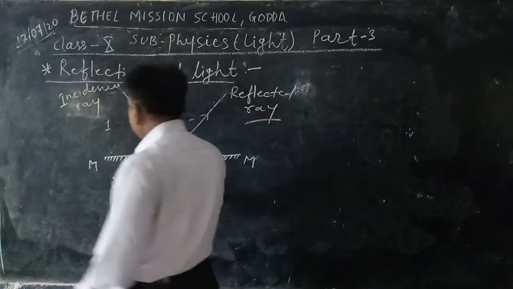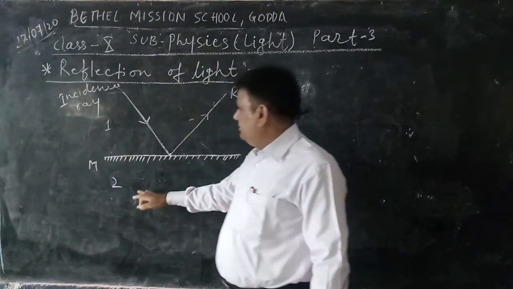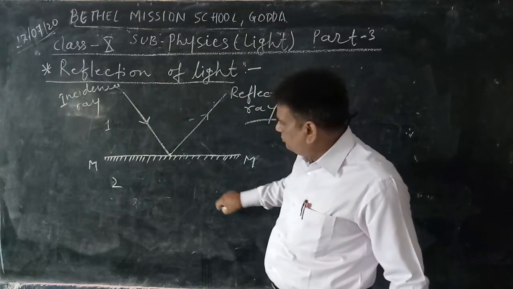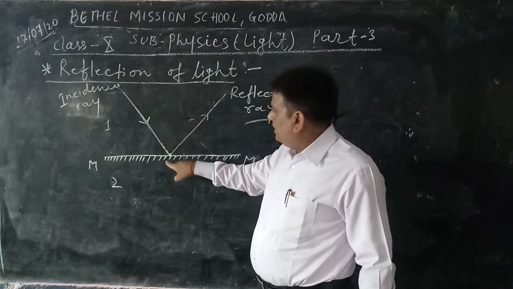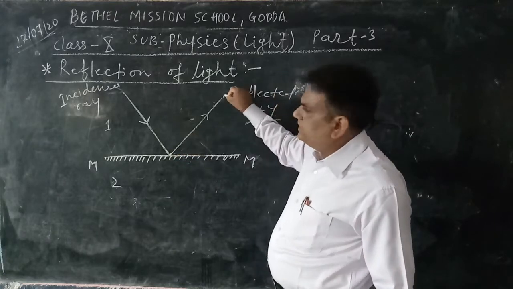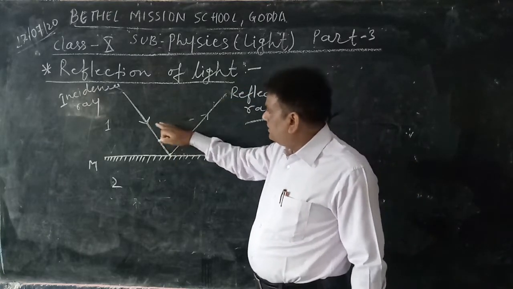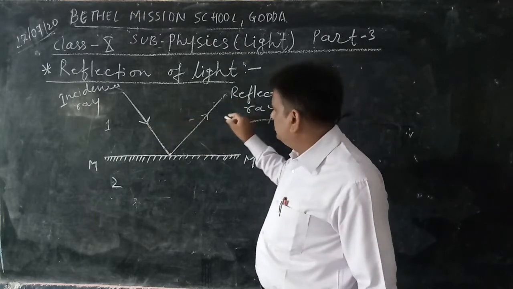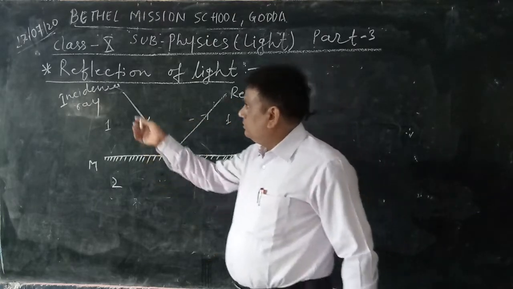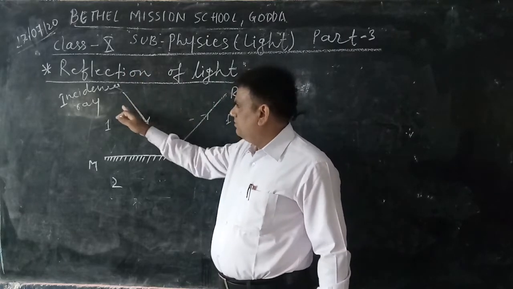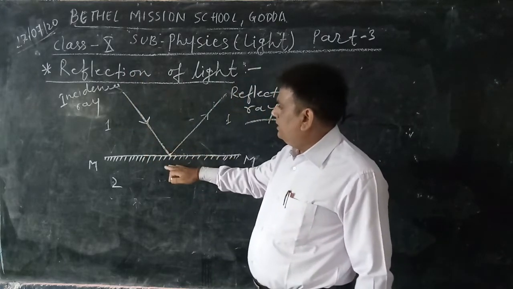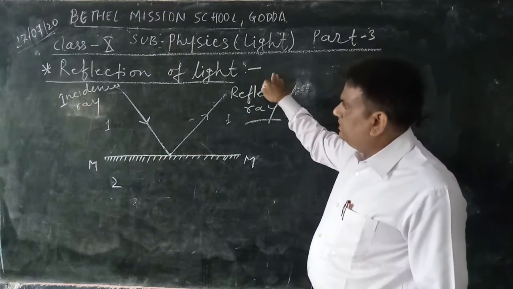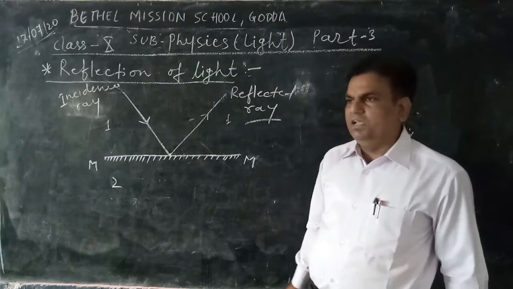This is medium 1 and this is medium 2, and the mirror is polished, that's why the ray cannot pass through the mirror. That's why the ray reflects in the other direction, in the same medium. This is also medium 1. So when a ray of light falls on a highly polished smooth surface and bounces back into the same medium, it is known as the reflection of light.